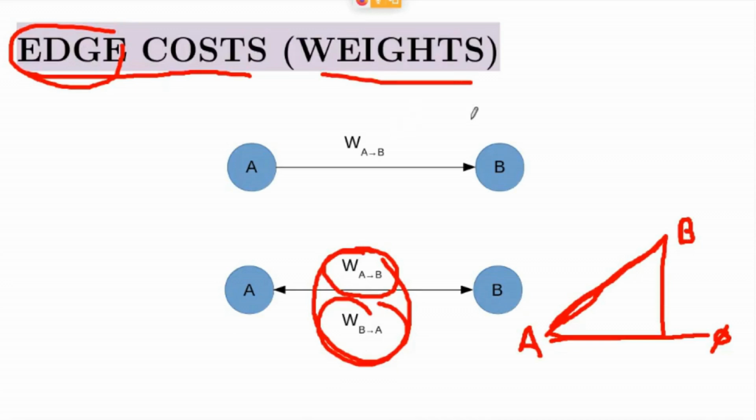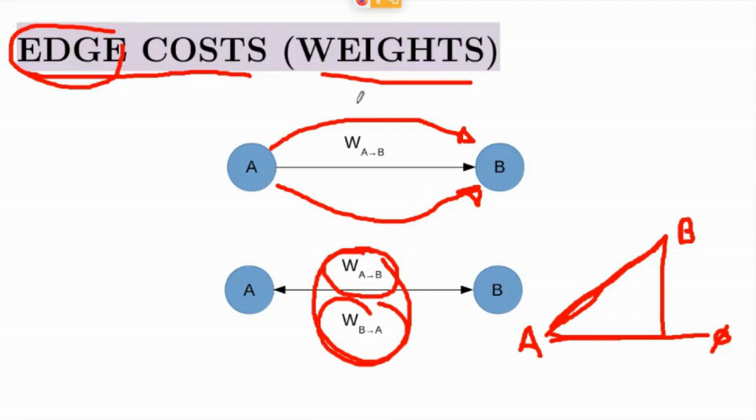The weights cannot be simply the distance. They can be, for example, the distance weighted by the power consumption, or weighted by the mean speed that you can have in this road. For example, if we consider that this is a village and this is the neighbor village, and you have several roads that connect A and B, they have different distances, but also they can have, for example, maximum speeds.